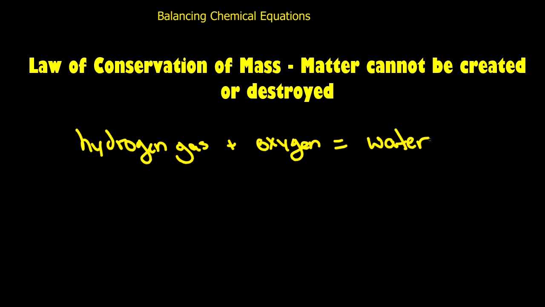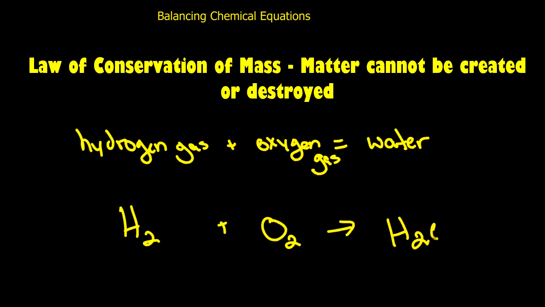So what we really have for hydrogen gas, if you remember your nomenclature, is H2. Then we're going to react it with oxygen gas, which is O2. And we are going to produce the product water, which is H2O.